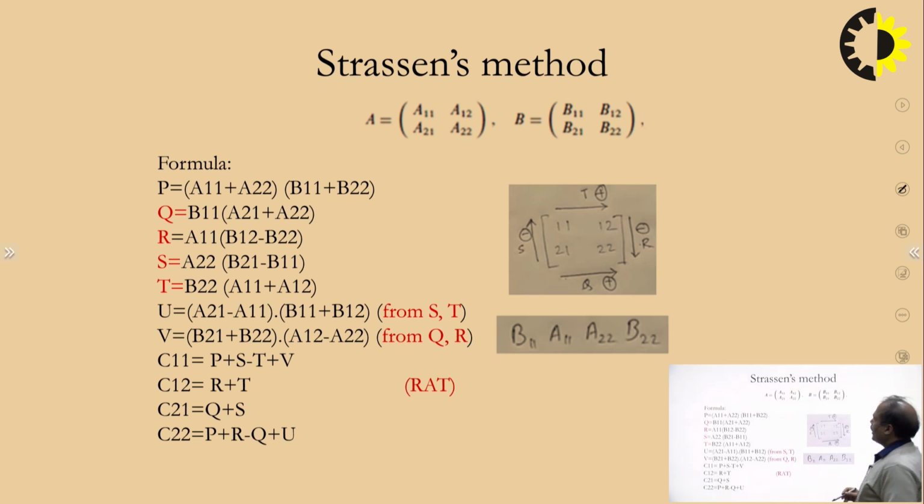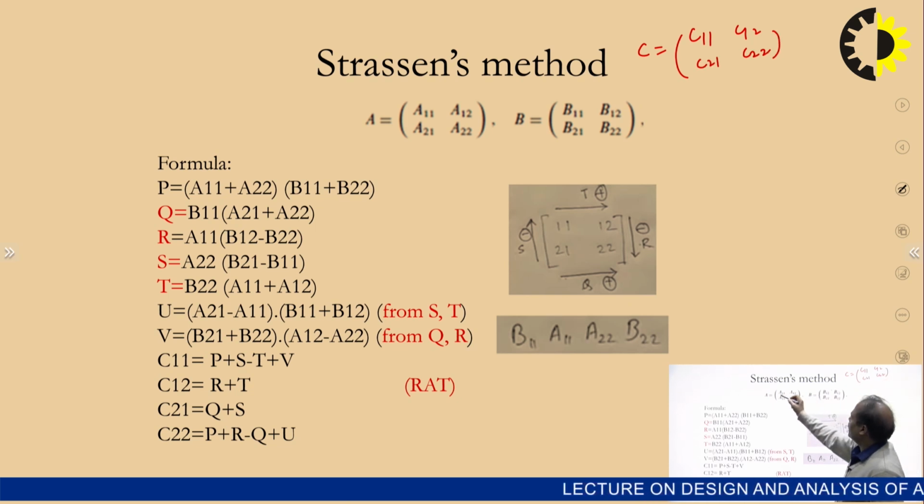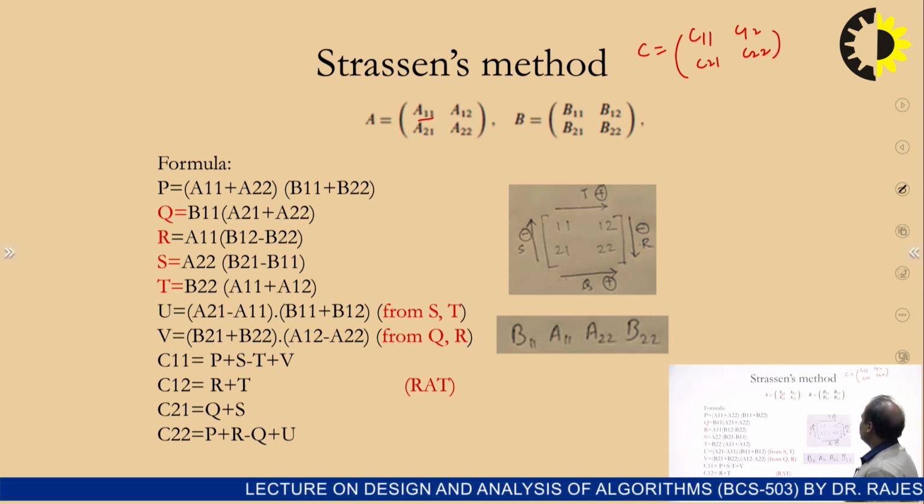How to multiply these two matrices? We also assume that C is the matrix with C11, C12, C21 and C22. These individual matrices can be n by 2 by n by 2, or any size. It's not very important. The method will work for any type of matrices.